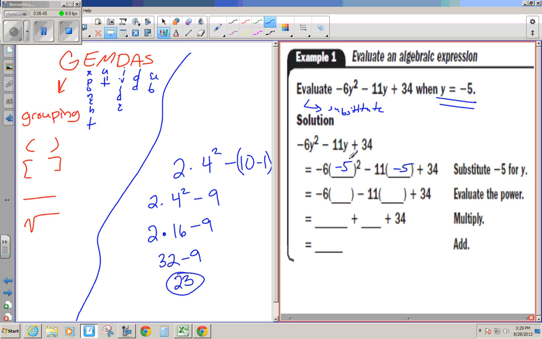Now this is where we have to use order of operations. The -5, is there any parentheses? Are there any operations within the parentheses? Hopefully you should say no, because it's not -5 times something. It's not -5 plus or minus something. It's just -5 in the parentheses. So let's go ahead and evaluate the powers.